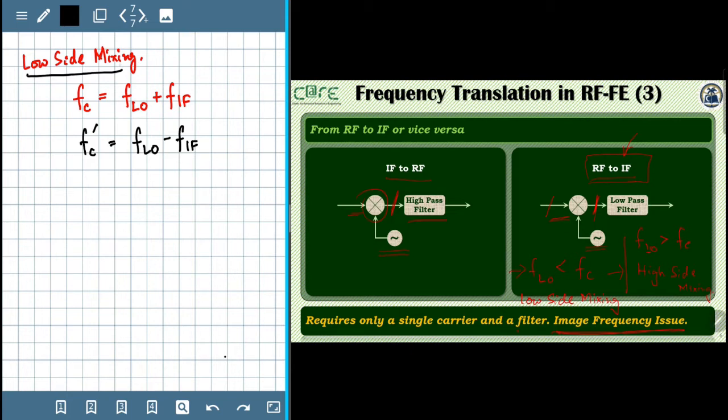Because there is nothing different in high side mixing or low side mixing, it's just a matter of interpretation of whether your local oscillator frequency is less than or greater than FC.